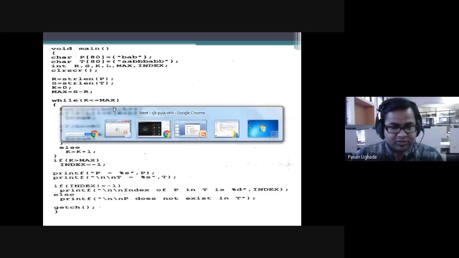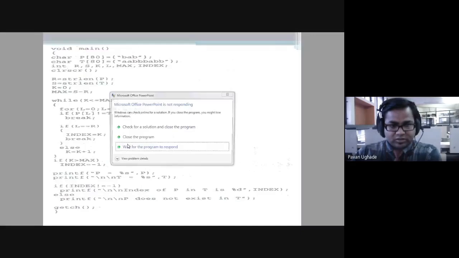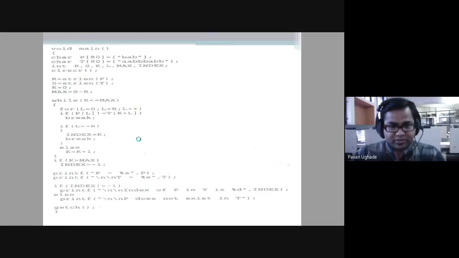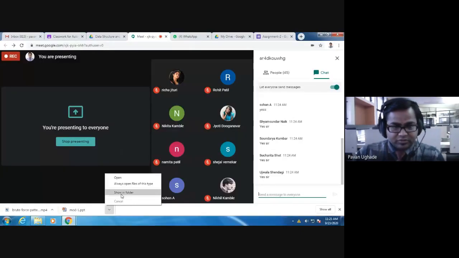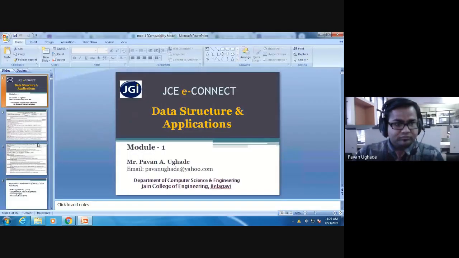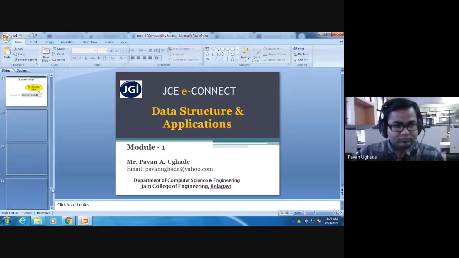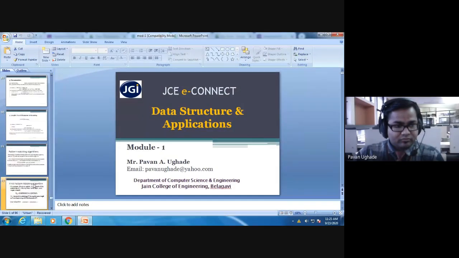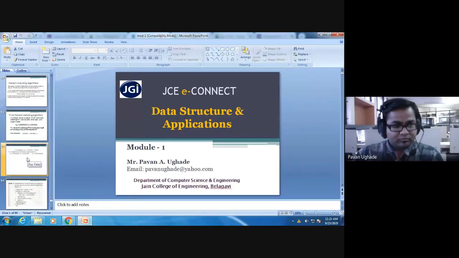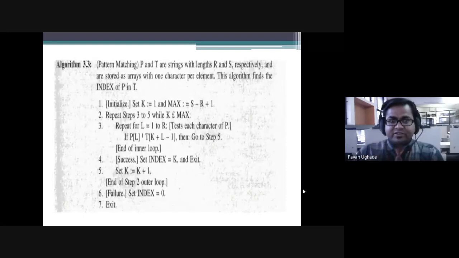It is having some problem, anyway, we'll see the folder. Class, try to understand the pattern matching algorithm. This is the first algorithm that we will be looking at.